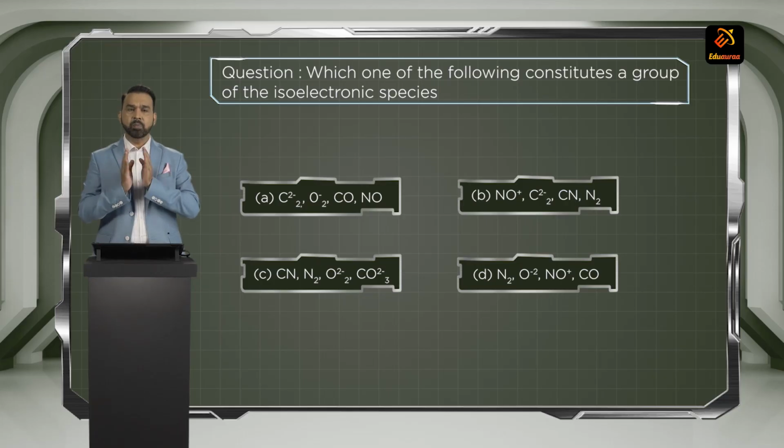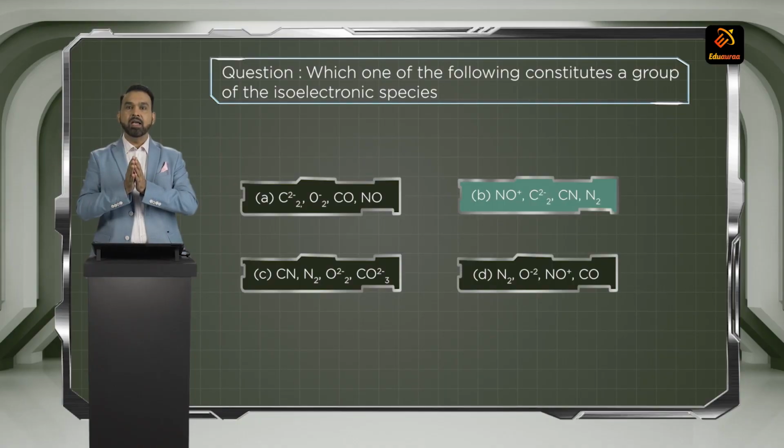Now look at choice B to verify it. In choice B you have NO+, C2 raised to minus 2, CN raised to minus 1, and N2. Find out the number of electrons; all of them will be 14 each. For NO+, nitrogen is 7 and oxygen is 8, total is 15, but in NO+ one electron is lost, so it becomes 14.